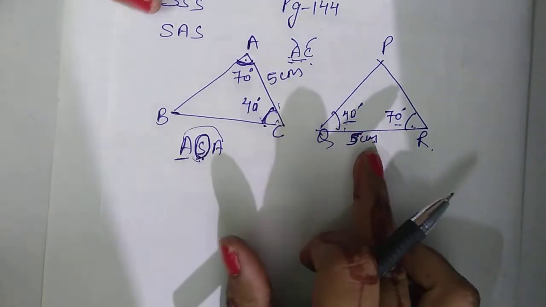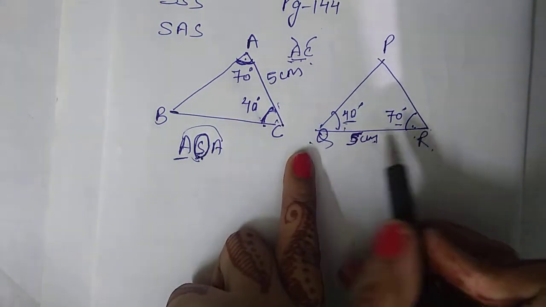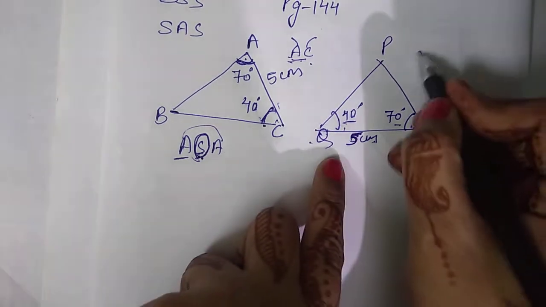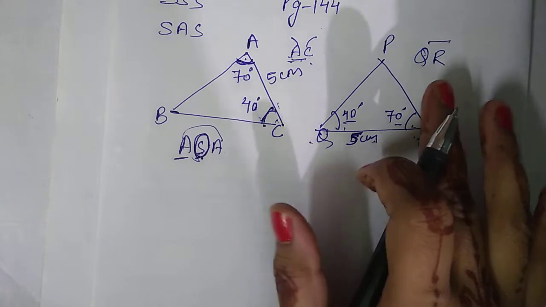In this example also we have angles on vertex Q and R, so the side must be QR. That is the included side.